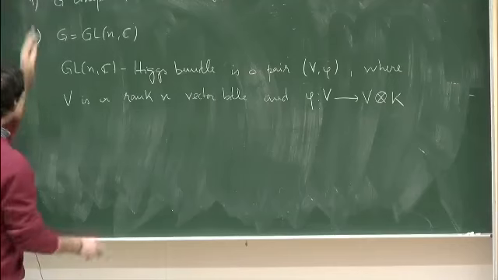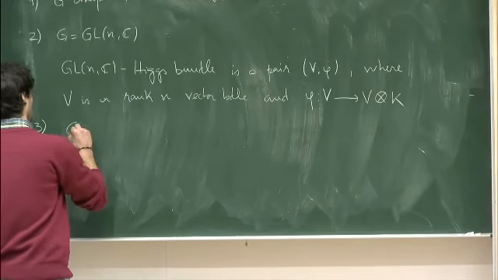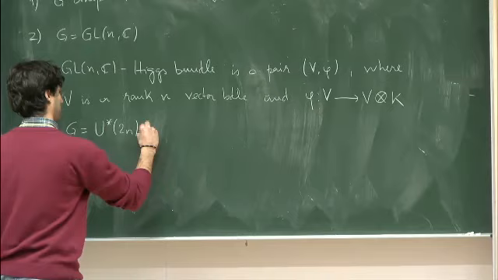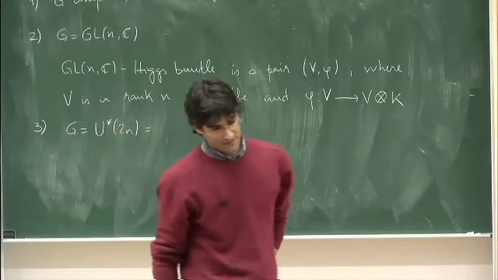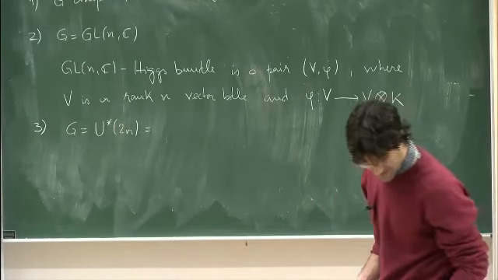So our third example, and this is the one which we are going to work with more, is G equals U*(2n). So let me define this in terms of matrices.